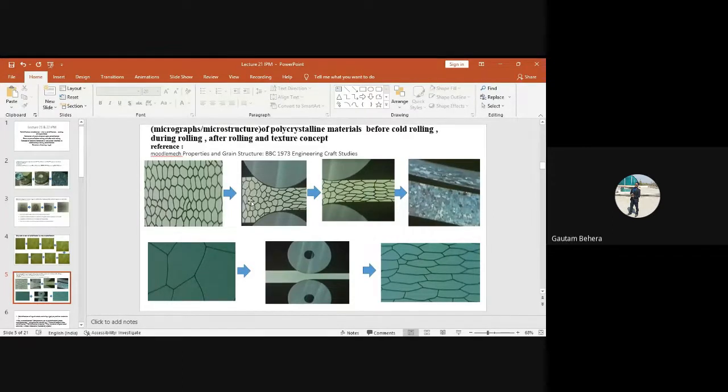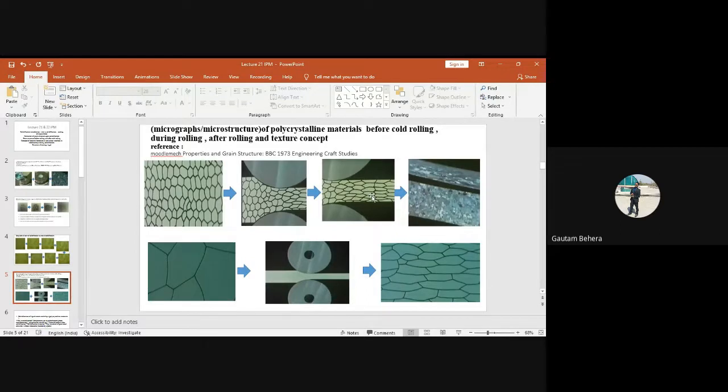This initial grain is this one, and this is the deformed one. The rolling direction is this one, from left to right. So what is happening? The grain is getting elongated in the rolling direction. Yes or no? The grain has been elongated in the rolling direction.